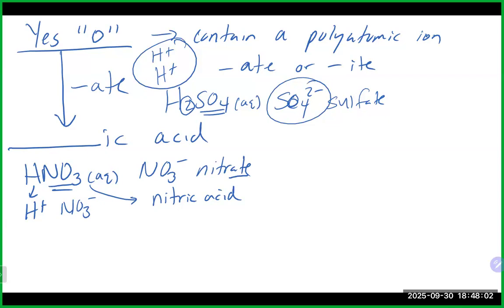Again, it's like an ionic compound, it has to equal 0. So sometimes you'll have one hydrogen in an acid, sometimes two, sometimes three, if it's a diprotic or polyprotic type acid. But you do need to balance it out to 0. So once again, this ends in ate, sulfate. This would then be sulfuric acid.